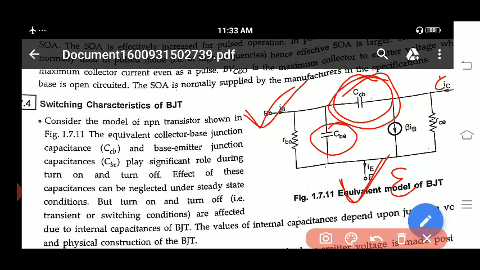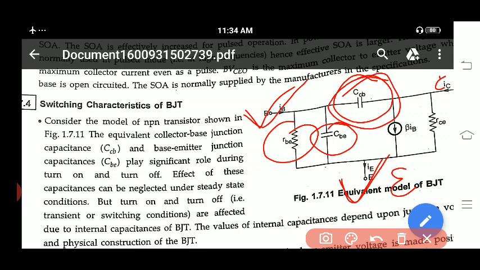Next, there will be a resistance to the flow of current between base and emitter. That is nothing but internal resistance. This internal resistance is given by RBE. It is shown with a small letter r, which means it is an internal resistance.